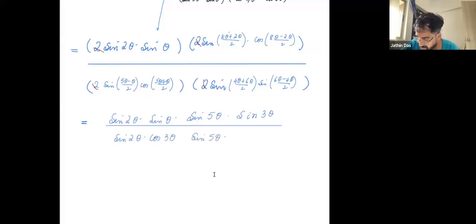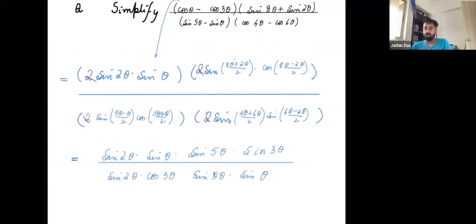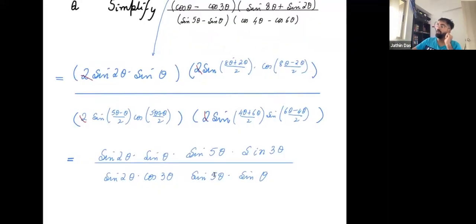Sin 5 theta. And sin 6 minus 4, 2. Just check if you got like this. So see these formulas, you can only memorize by practice. There is no other way.